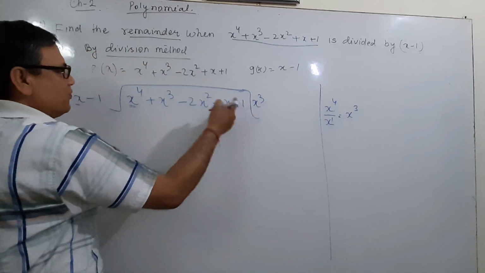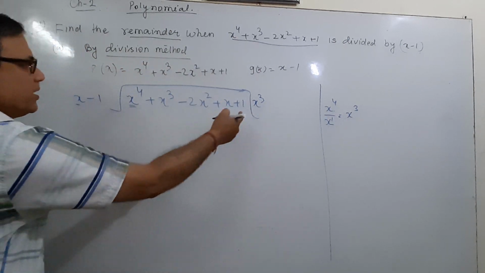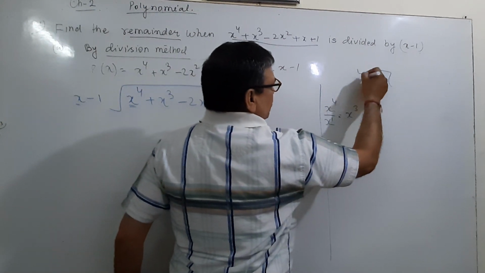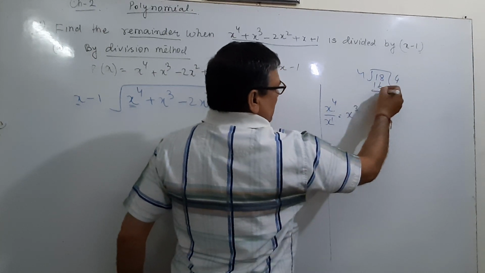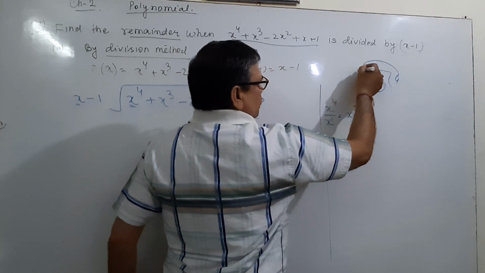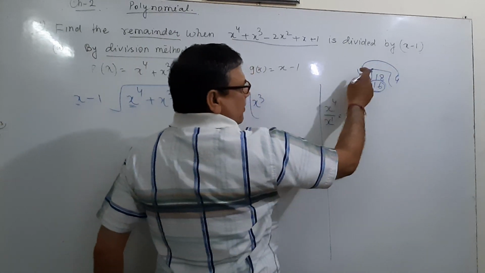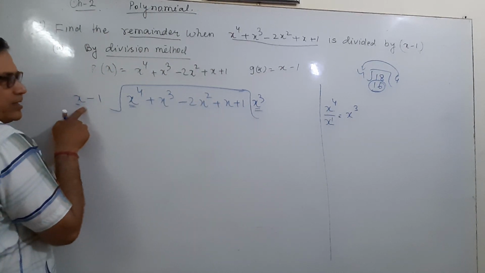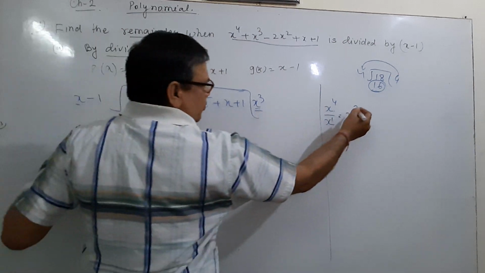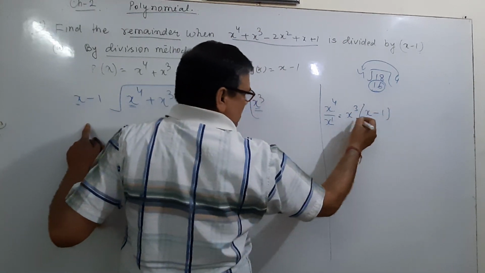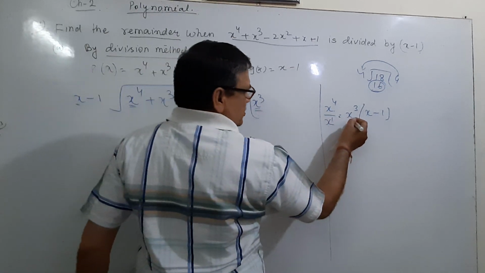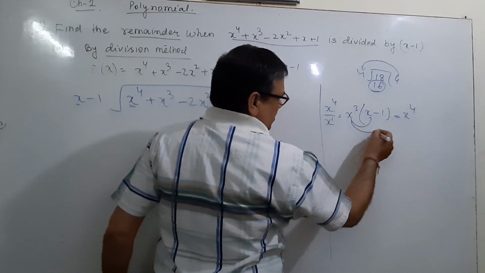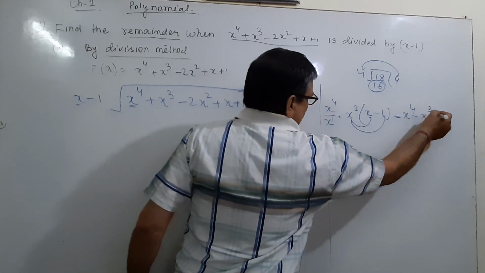Now we have to multiply this quotient by the divisor. Why do we multiply the quotient by the divisor? If I ask 18 divided by 4, the quotient is 4 and 4 times 4 is 16, and 16 comes when we multiply the quotient by the divisor. Here x cube multiplies x minus 1. We put brackets, x cube into (x minus 1), and open the bracket. x cube multiplied by x gives x to the power 4, and x cube multiplied by minus 1 gives minus x cube.